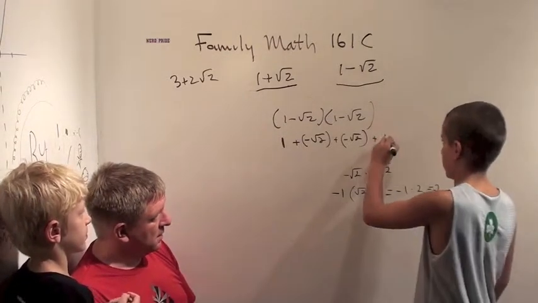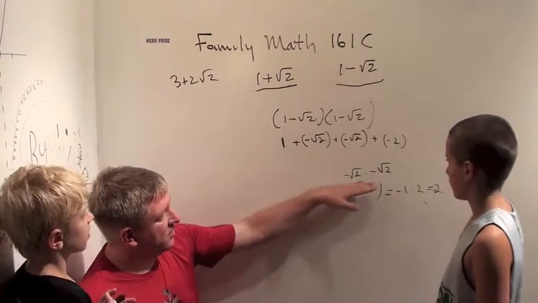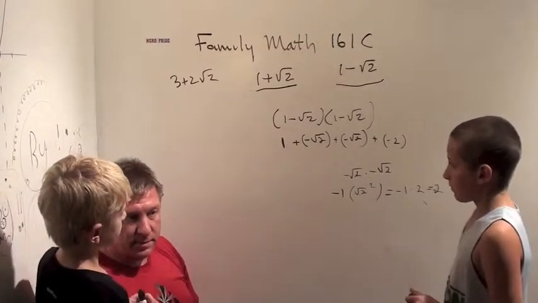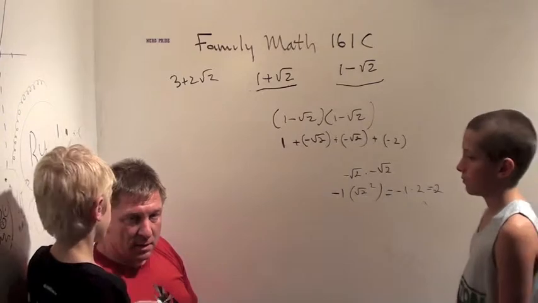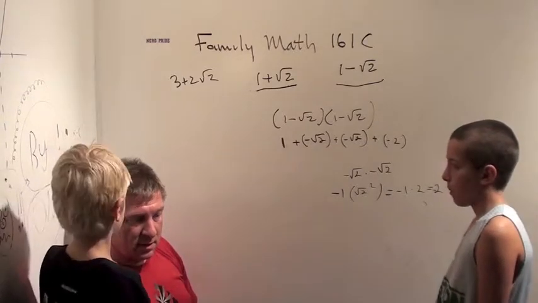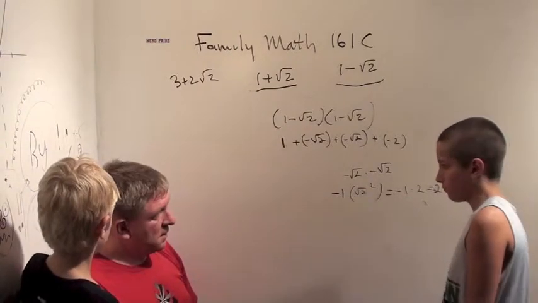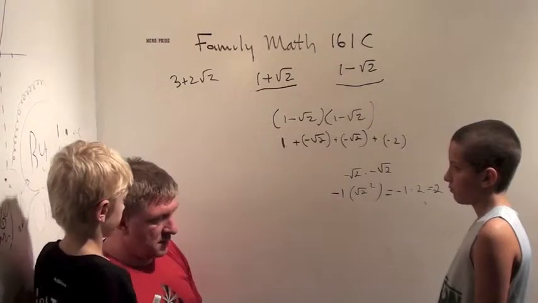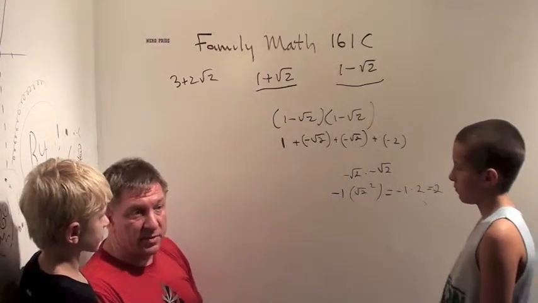So this would be minus 2. What do you think? We could figure it out by doing a simpler problem like minus 1 times minus 2. Okay, what is minus 1 times minus 2?